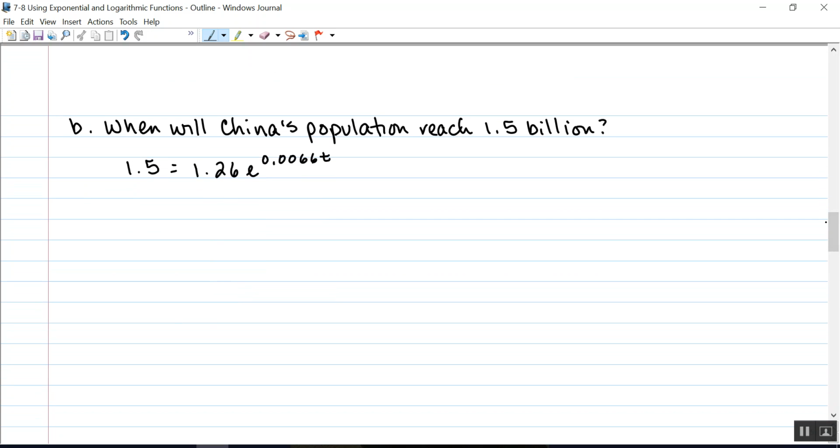And again, what I did in this one was I divided both sides by 1.26, and that actually gave me 25 over 21. I think it's kind of interesting that it ends up being an actual rational number here. Okay, and then I'll take the natural log of each side to solve for t.